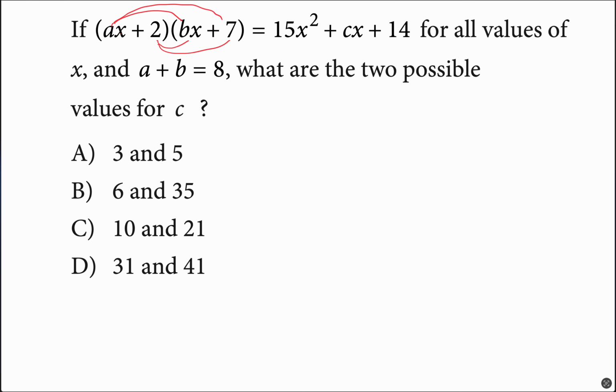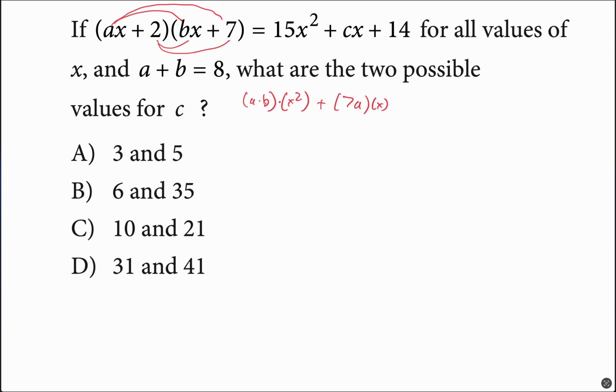So let's break that. You have ax times bx, you have a times b times x squared, right? Because a times b and then x times x, that's x squared. And then ax times 7, so you have plus 7a x, okay?